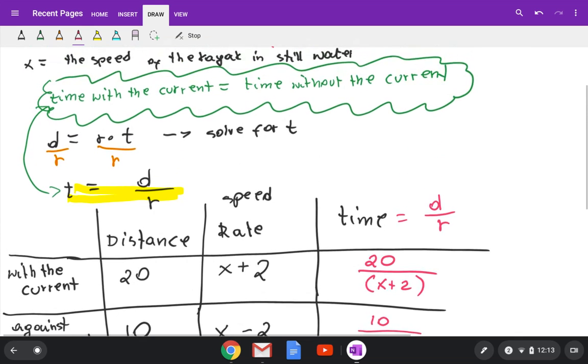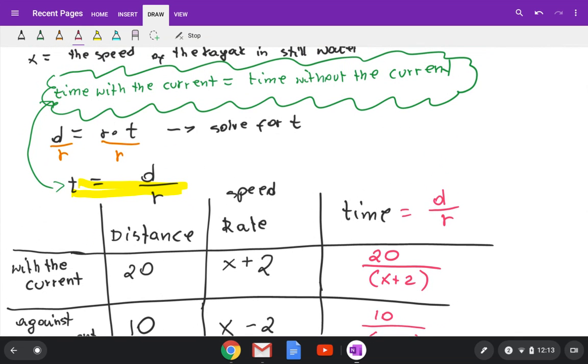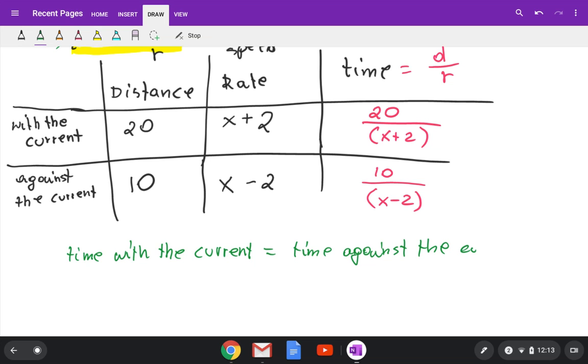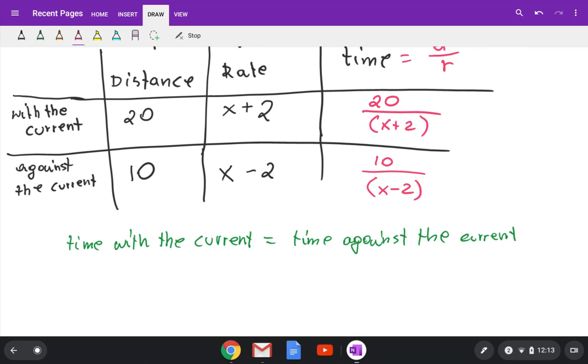Okay, so now to solve the problem, we're saying the time with the current is equal to the time against the current. Time with the current is 20 over x plus 2, equal to the time against the current, which is 10 over x minus 2.